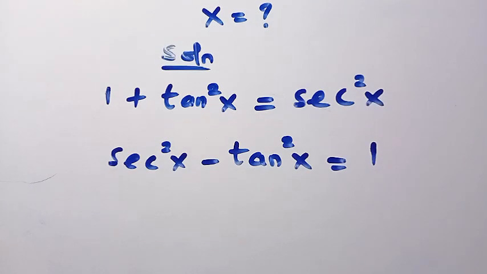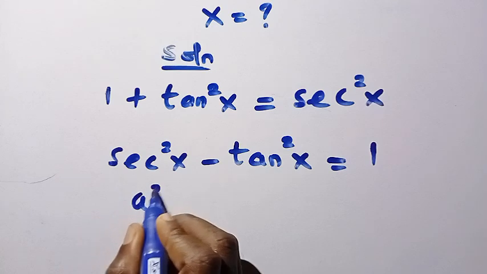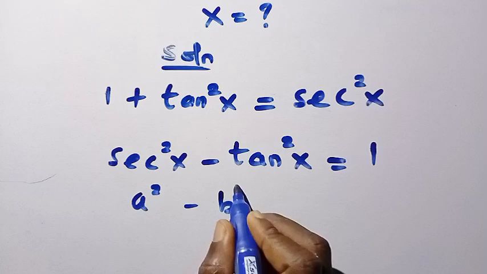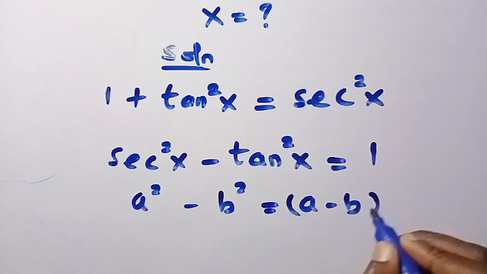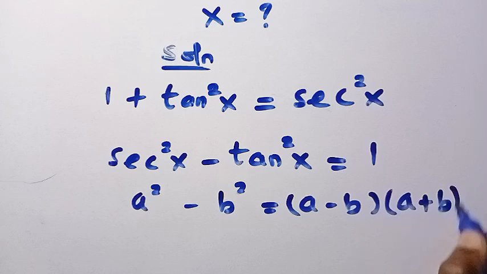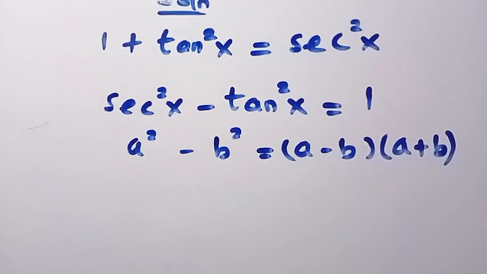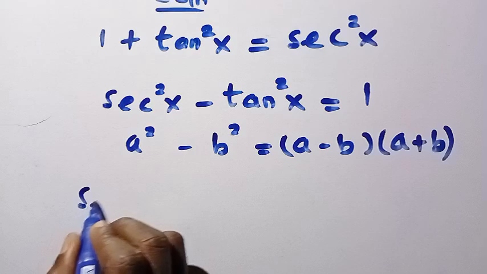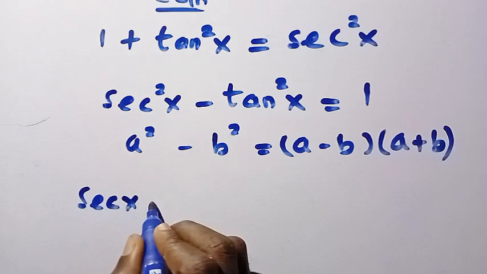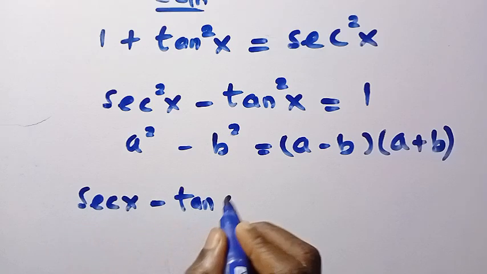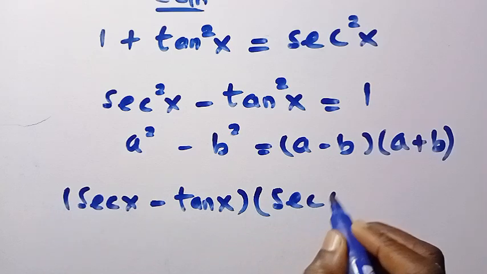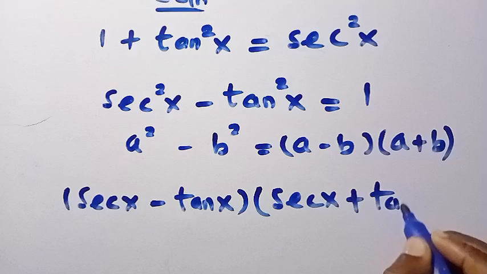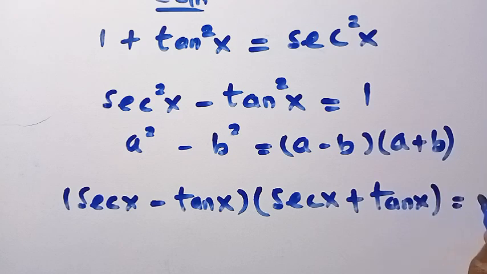This is just like a difference of two squares, where a squared minus b squared equals a minus b multiplied by a plus b. Applying it here, we have sec x minus tan x in brackets multiplied by sec x plus tan x equals 1.